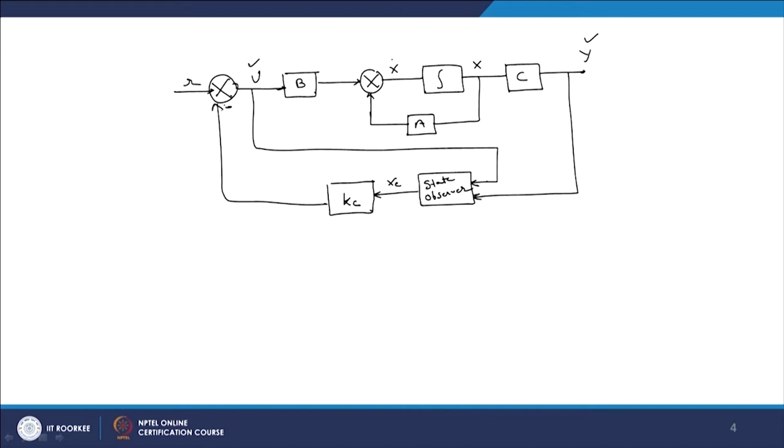So now here we find there is a controller k c, which is useful for stabilization. Along with this, there is an observer, called a state observer, which estimates the states of the system. Now this produces x c, and it depends upon input u and output y.